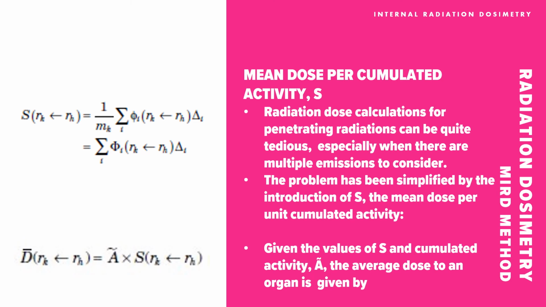Another point that I want to add when we're talking about internal radiation dosimetry is calculating the mean dose per cumulative activity, denoted as S. Why is there a need to calculate this?